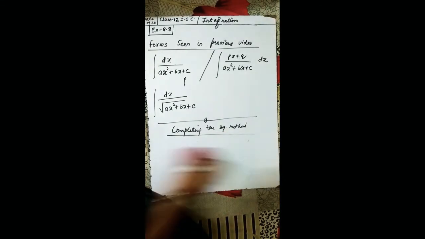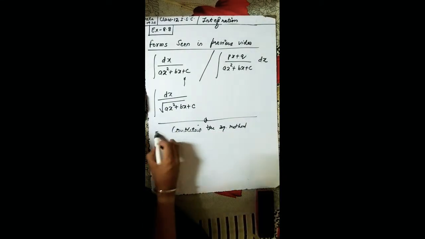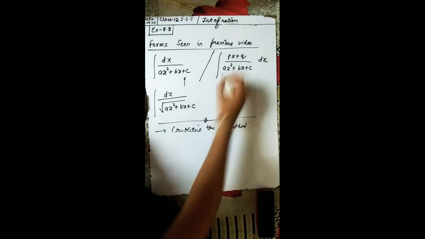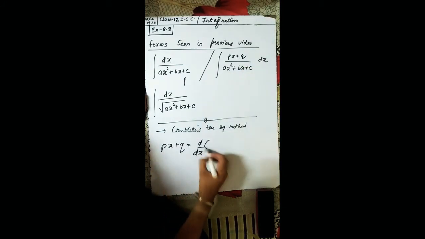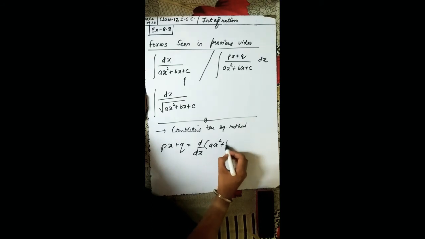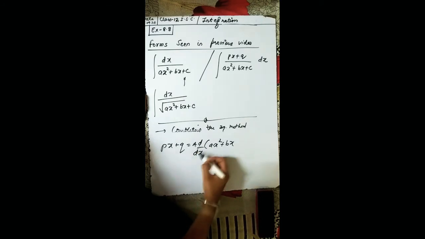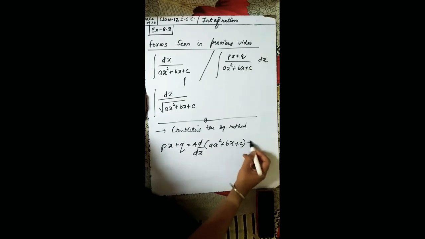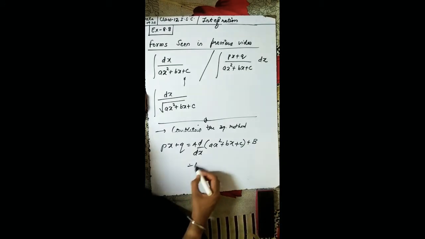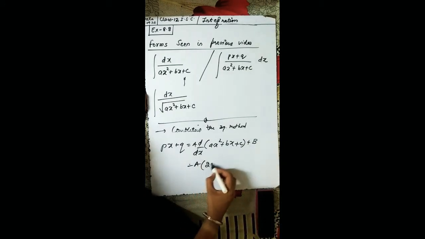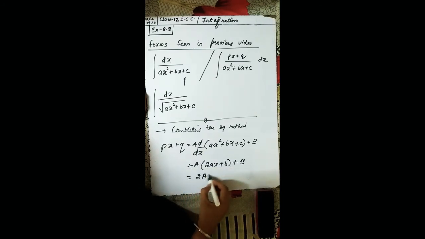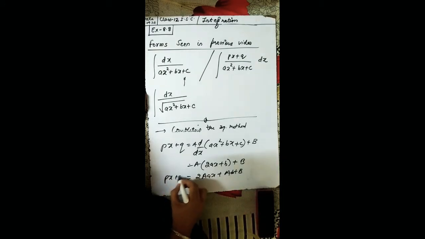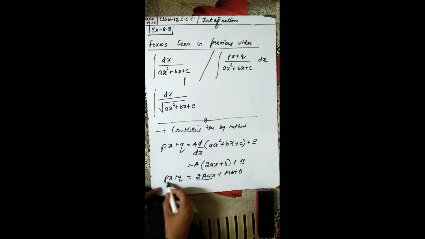Then for this question I explained that we put the numerator, that is px plus q, as A times d/dx of ax square plus bx plus c, plus B. Then we differentiate it and multiply A inside, and then we compare the coefficients.